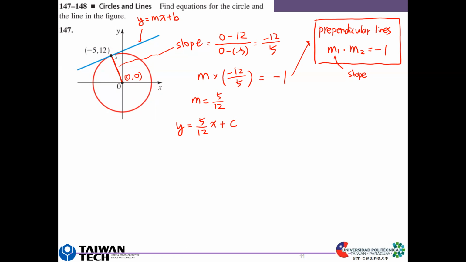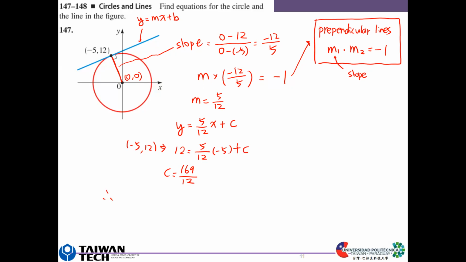And then we can plug in the point -5, 12 because this point is on the line. So we have 12 equals 5/12 times -5 plus c. And then we'll just write the answer directly: c is 169/12.